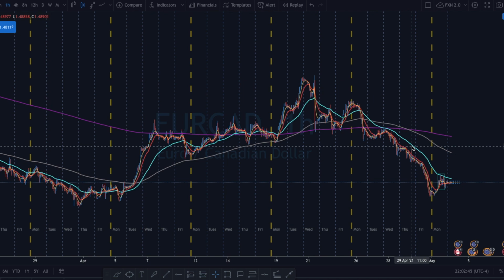Now, is this a perfect science that every single time it gets to 300 pips it's going to reverse? Absolutely not. I think this is what sometimes confuses a lot of traders, is that they expect it to turn on a dime once it gets to 300, or whatever that number is for your specific pair. The reality is that's just not the case.